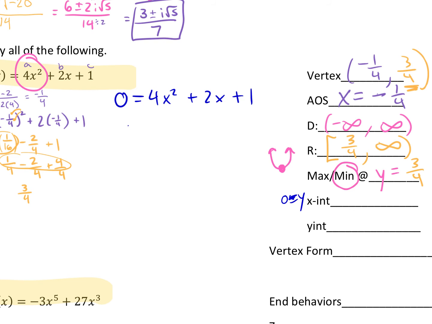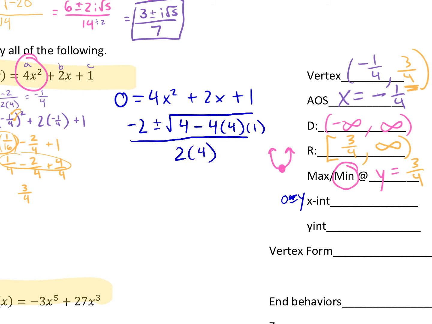So negative b would be negative 2 plus or minus the square root of b squared, which would be 4, minus 4ac, over 2 times a.